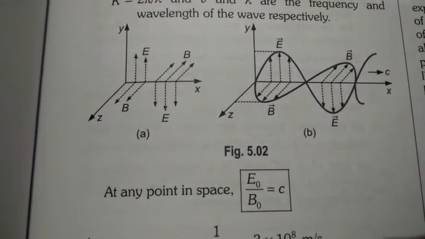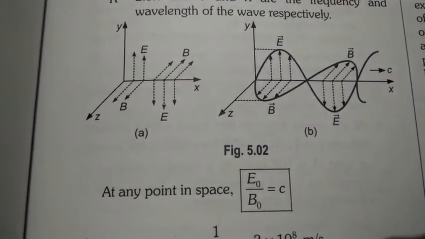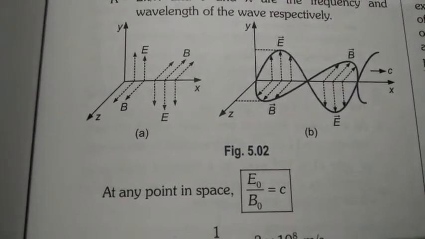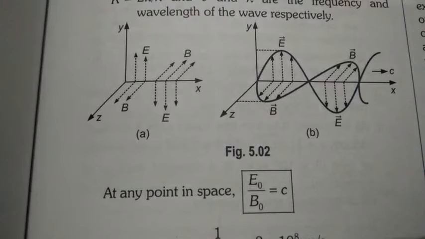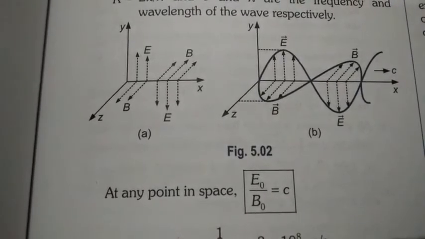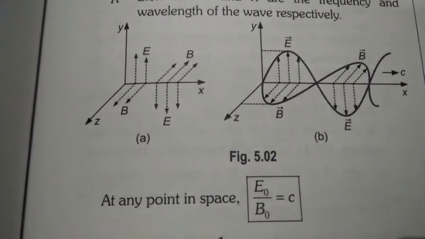Okay, so basically electric field E, magnetic field B, and the electromagnetic wave, they all are perpendicular to each other. So all these three can be represented by three axes.